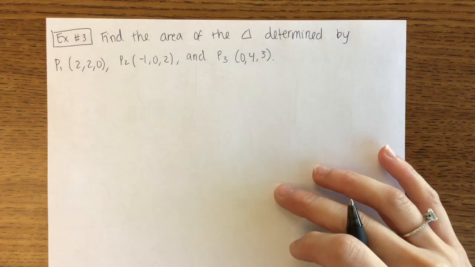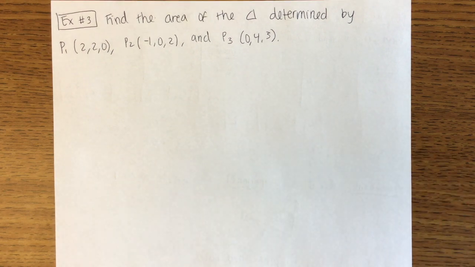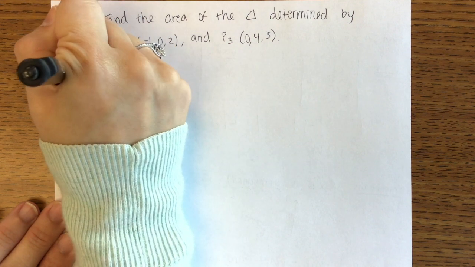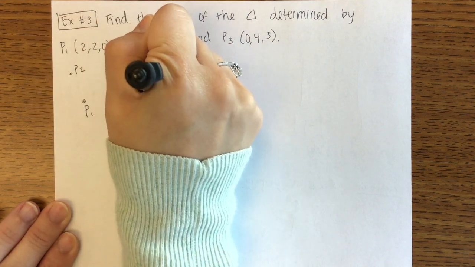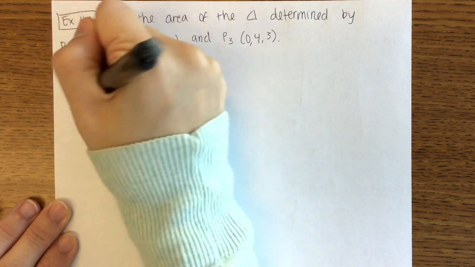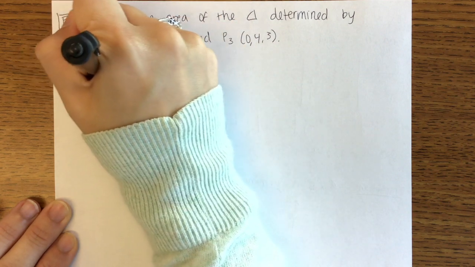Before we jump into any calculations, like with example 2, I would like us to look at a picture. So let's say we have P1 here, P2 here, and P3 here. We're going to notice that these three form a triangle, and we want the area of that triangle.